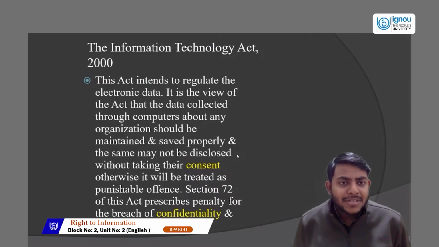So data privacy is also a significant aspect that has in some ways hindered the functioning of the right to information in our country.